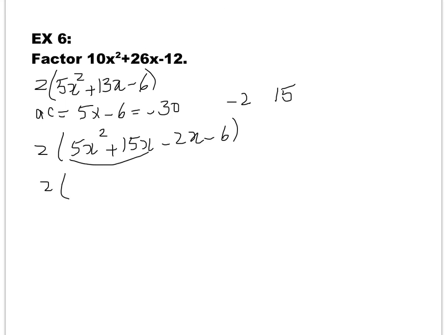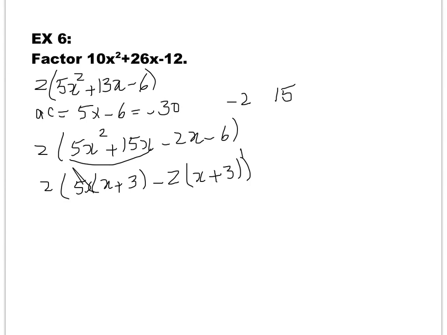Now if I take these two terms, the common factor is going to be 5x, so it's 5x times x plus 3, minus, I take 2 out, so I get x plus 3 again.